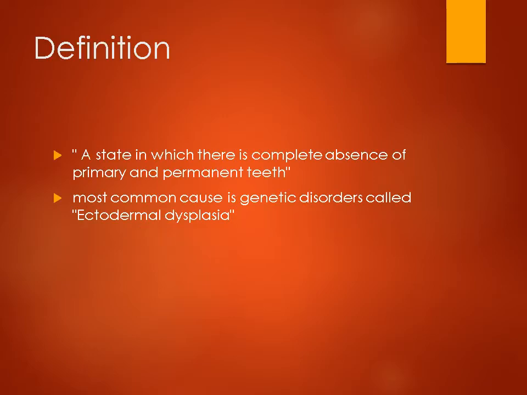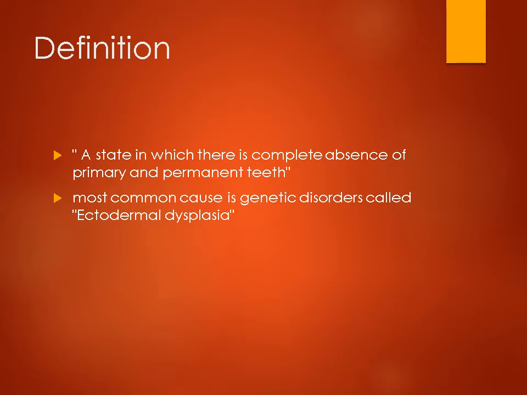So our first topic is, what is anodontia? It is a condition in which there is a complete absence of primary and permanent teeth, meaning not even a single tooth is present within your oral cavity. The most common cause is a genetic disorder called ectodermal dysplasia. This is a genetic disorder that affects the skin, the nervous system, the glands, and also the development of the teeth.